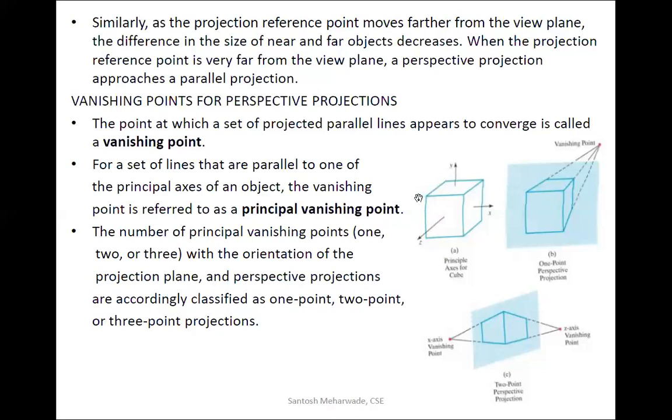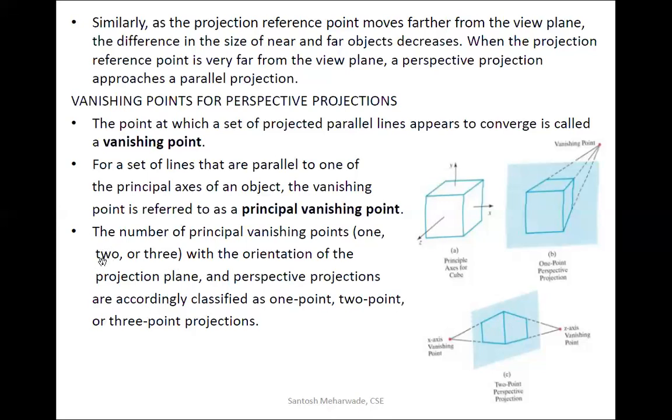It may be the x, y or z principal vanishing point. And next, the number of principal vanishing points is either 1, 2 or 3. One principal vanishing point means only for the x-axis, only for the y-axis, or only for the z-axis.